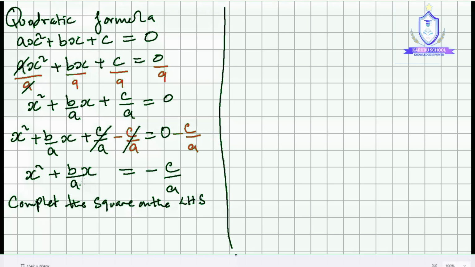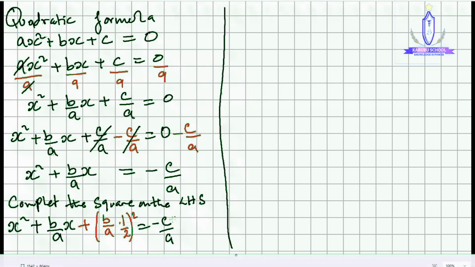And once we add that, we add it again on the other side of the equation. x squared plus b over a x plus b over a multiplied by a half, the whole of this squared, should be equal to minus c over a, the last term, plus b over a multiplied by a half, the whole of this squared.